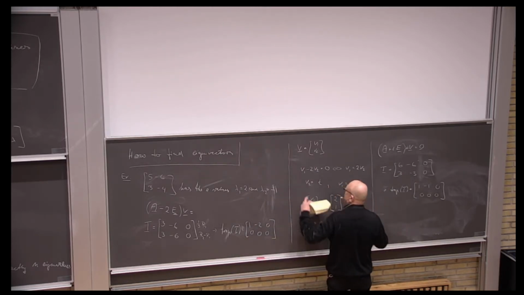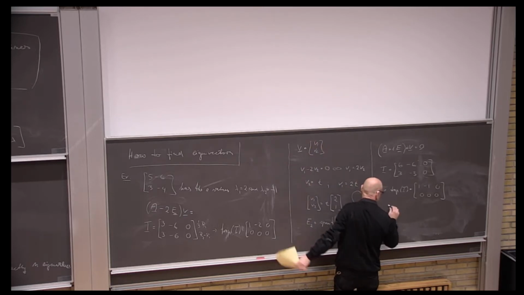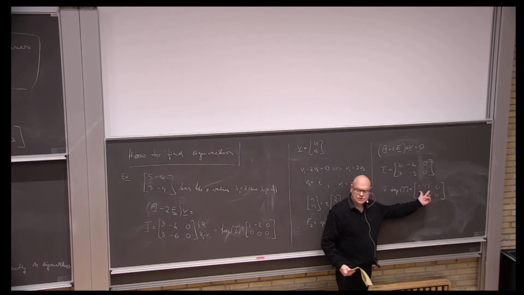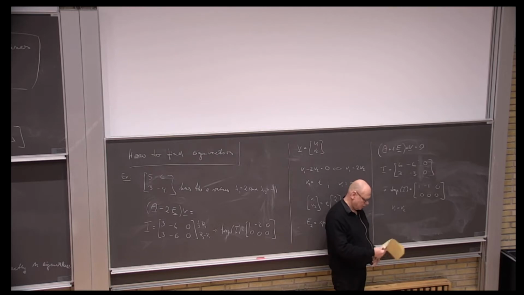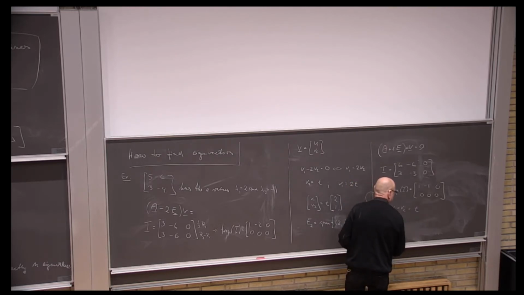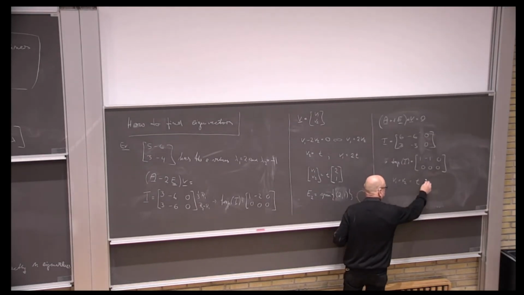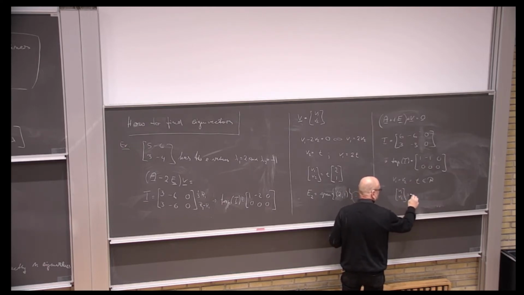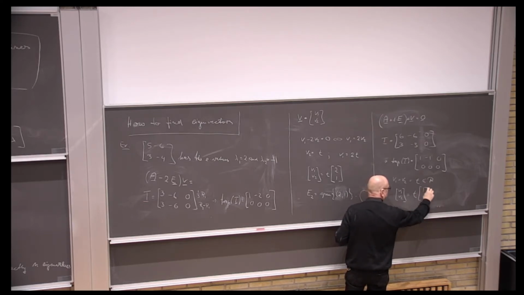And using this notation here, I get that v1 is equal to v2. This is simply the first equation that is solved in this way. And if I put this equal to a parameter t, then I can write down the solution as t times 1, 1.